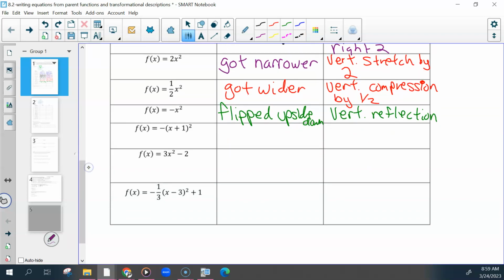Shift is always opposite. You think it's going to move to the right because it's positive, but it does the opposite. What else would change? It would flip.